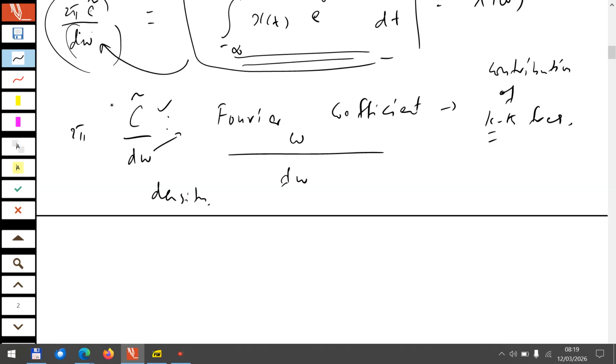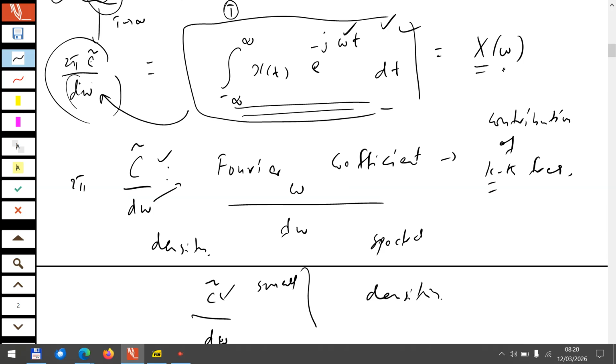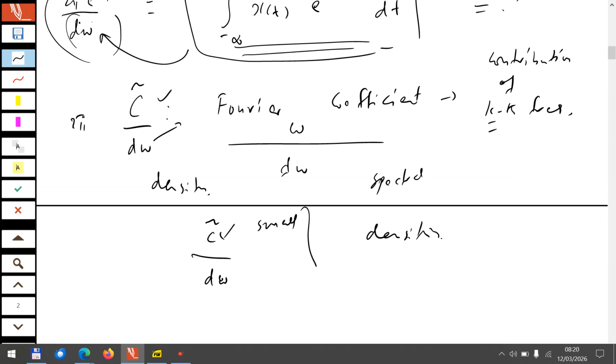So dividing, actually, it's very neat. You divide a very small quantity by another small quantity, and you get a density. So this is your spectral density. We discovered the Fourier transform as the density of Fourier coefficients. And you can get rid of this 2 pi as well, right?